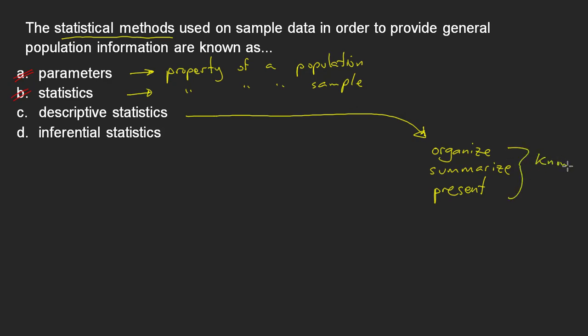known data. So if I were to take a sample, let's say I were to take a sample of 100 students at university, and I asked each one of them to identify what their age is, something very simple, or maybe their GPA or something along those lines. I could organize that from highest to lowest. I could summarize that.